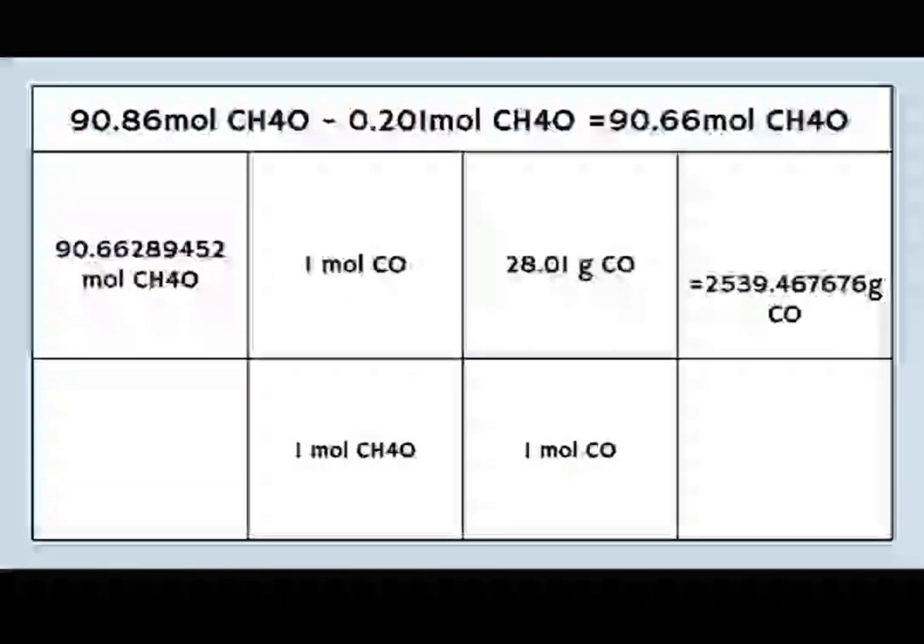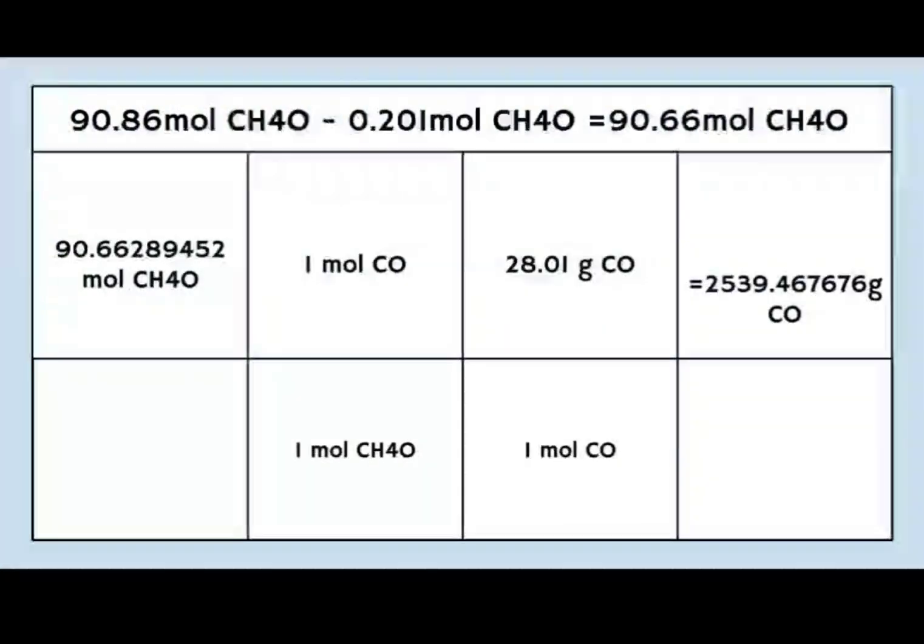Before we do anything, we have to find the difference in moles of our previous problems, where we found from the reactants that we were given, to convert to methanol in moles. We are going to find the difference of those moles of methanol and then use that to convert to the grams of methanol.